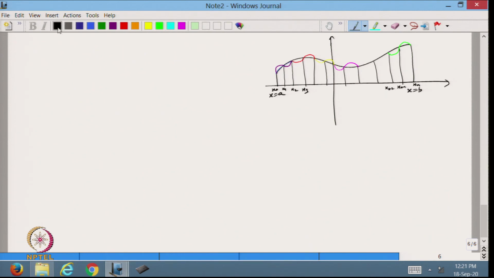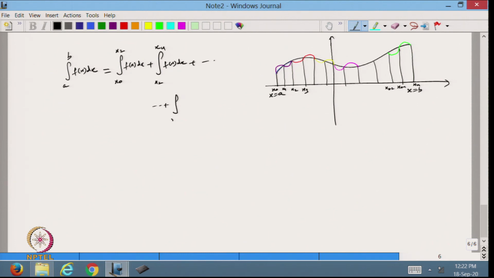So, by this way we have a quadratic polynomial in the pieces. From here I can say that the integration from a to b of f(x) dx, this is the integration I am going to do, will be equal to the integral from x0 to x2 of f(x) dx plus the integral from x2 to x4 of f(x) dx, and so on.